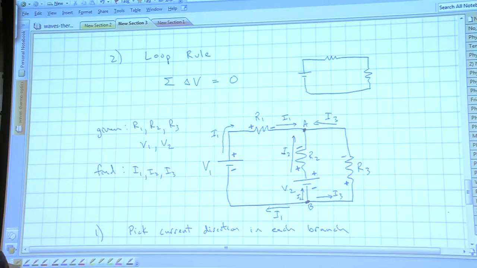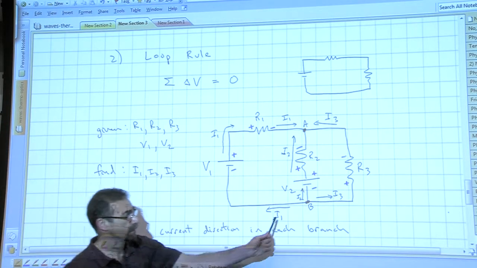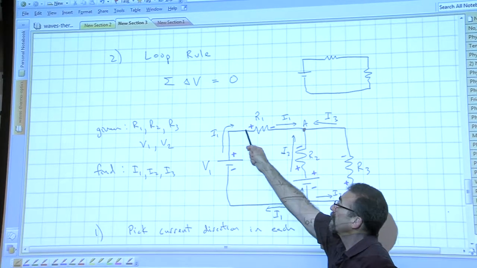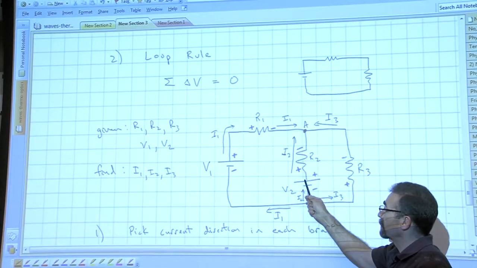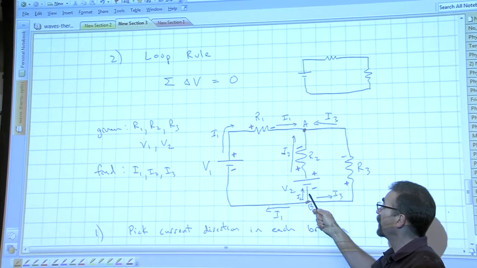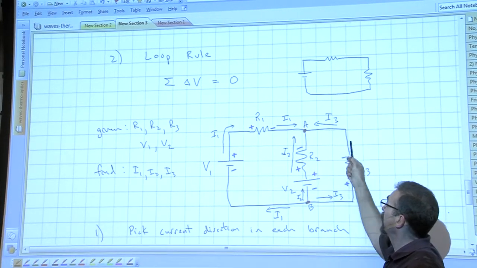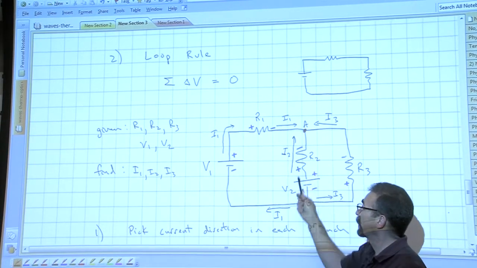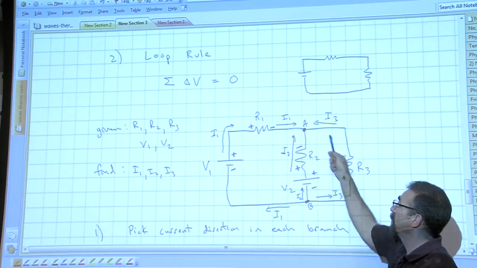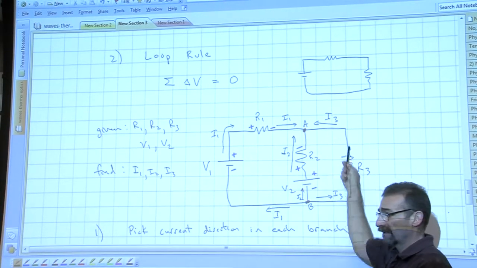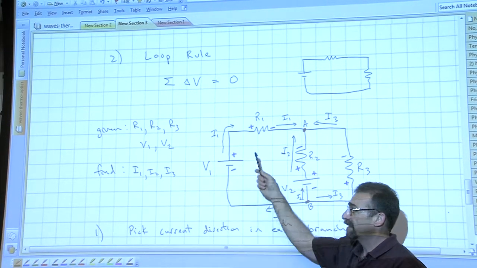You could go from B to A and then back to B through this middle leg. That's one loop. You could go from B to A and around through R3. That's a second loop, right? So there's a loop over here on the left. There's a loop on the right. And the third loop is the outside perimeter. Right? There's 3 loops there.